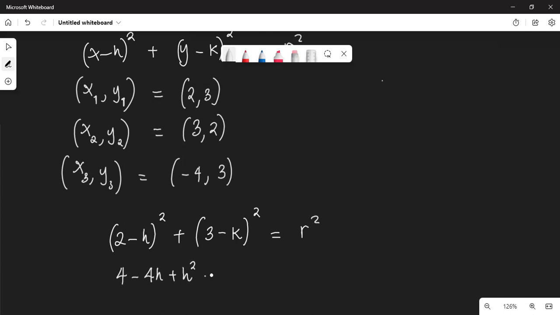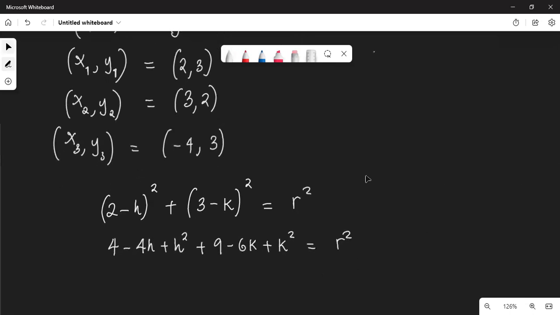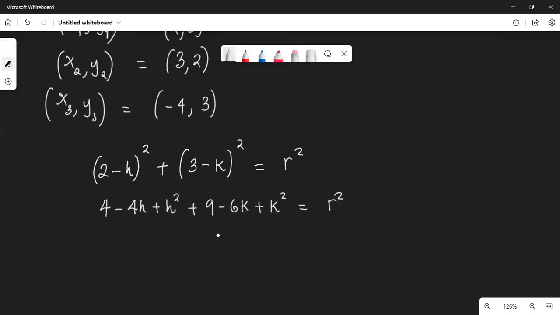The expansion of the other is 9 minus 6k plus k squared equals r squared. Then we combine 4 and 9, which is 13. So 13 minus 4h minus 6k plus h squared plus k squared equals r squared. I'll name this equation number 1.